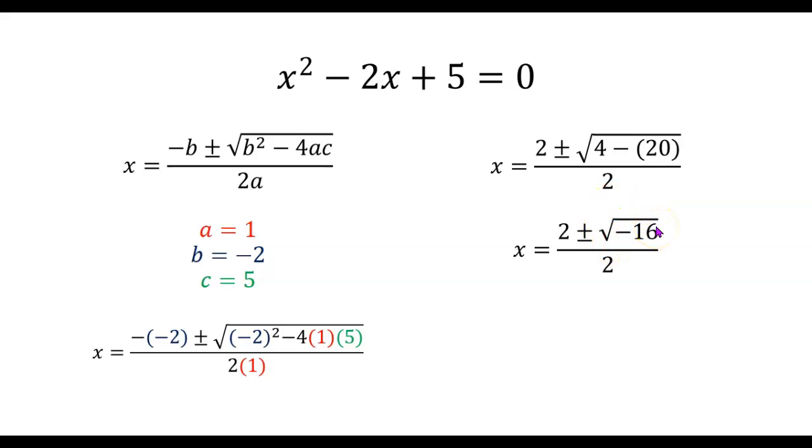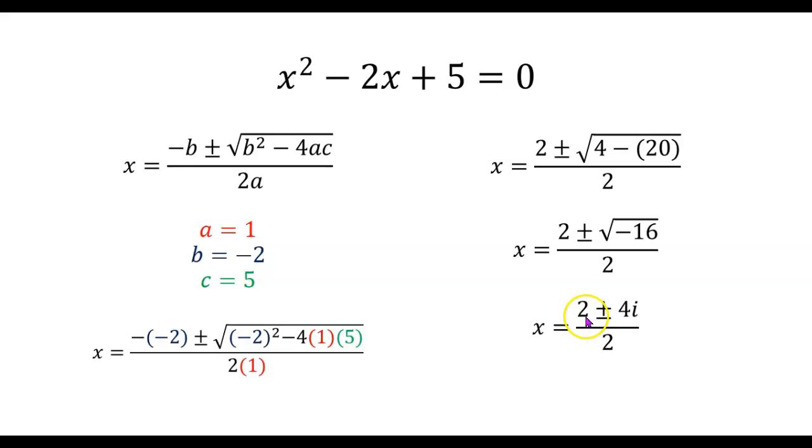Now, do you remember, this would have been section 10.7, what we do when we have the square root of a negative number? That's where i gets involved. If this were the square root of positive 16, that would just be 4. But the square root of negative 16 would be 4i.